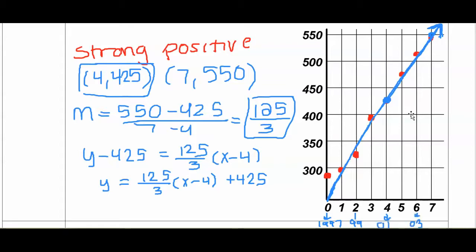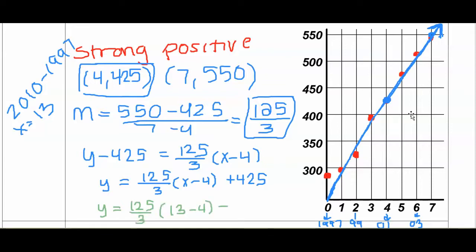So what you would want to do is say, okay, from 2010 to 1997 is 13 years. So the x that I am predicting is 13. So I'd say y equals 125 over 3 times (13 minus 4) plus 425.